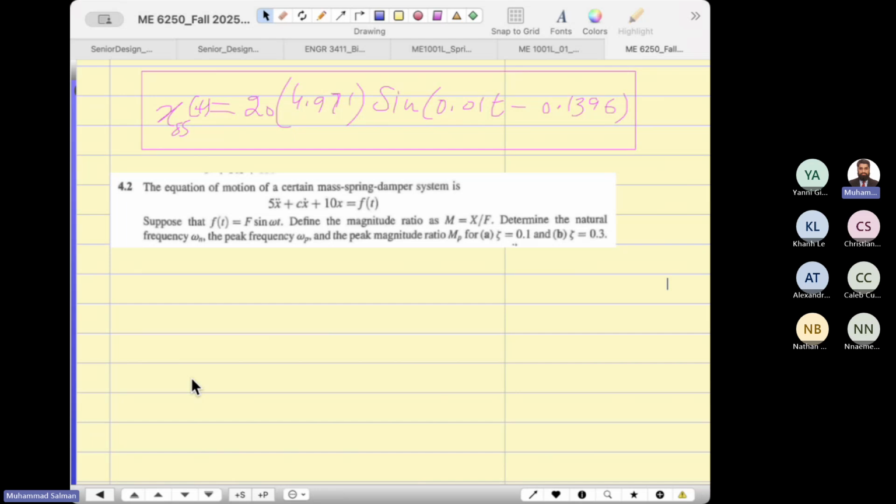The equation of motion of a mass spring damper system is given as 5x double dot plus c x dot plus 10x, where f of t is in the form of a sinusoidal input. Determine the magnitude ratio M equals X over F. Determine the natural frequency.